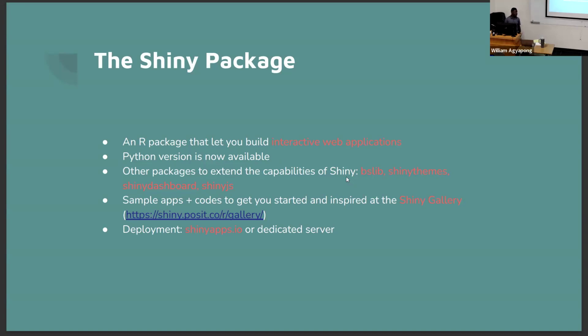It is imperative that as a data scientist or data analyst, you are able to create such interactive applications by yourself. And thanks to the good people at originally RStudio company, which is now Posit, they came up with Shiny, and the focus is to make the development of interactive web applications easy, even for non-computer scientists like us.